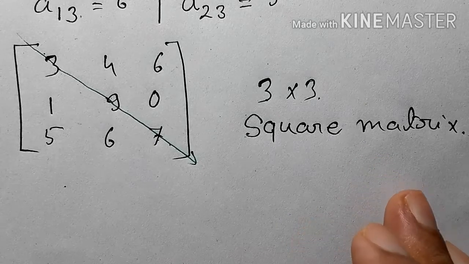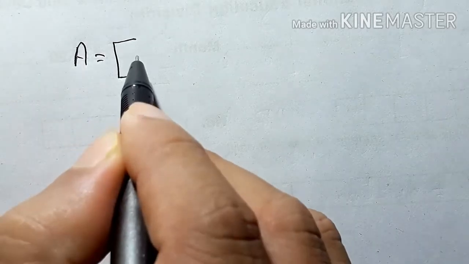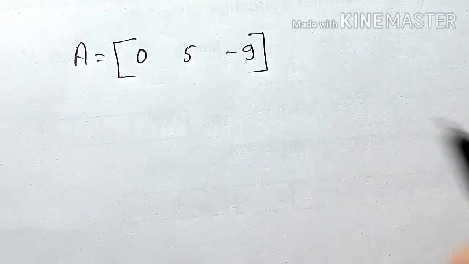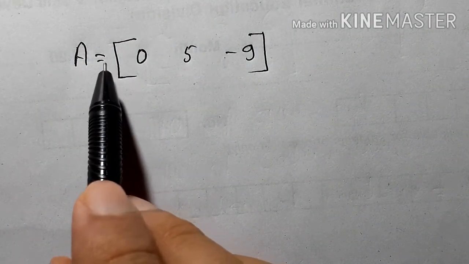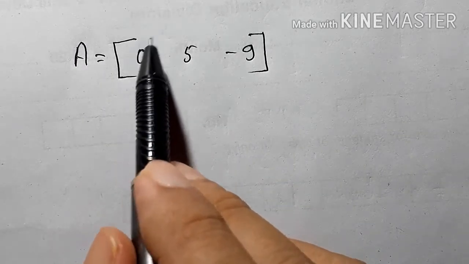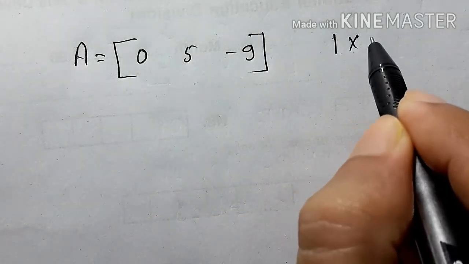Now my next point, row matrix. Let us consider a matrix A equal to 0, 5, minus 9. Here the number of rows is 1 and the number of columns is 3, and the order of this matrix is 1 into 3.